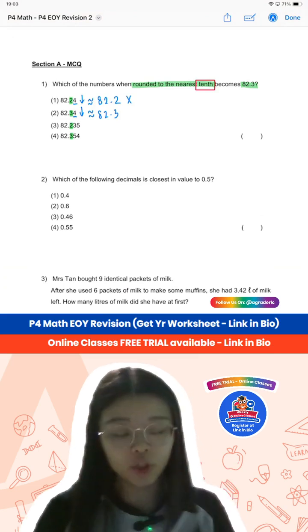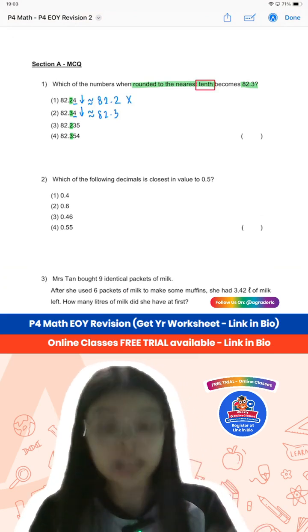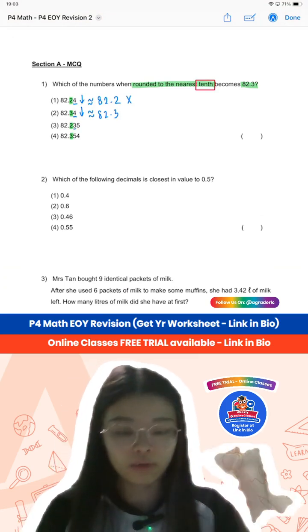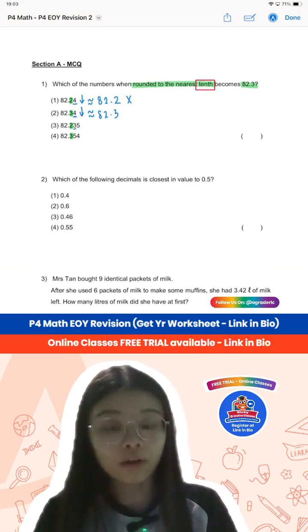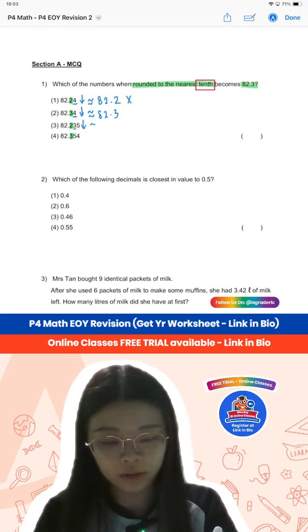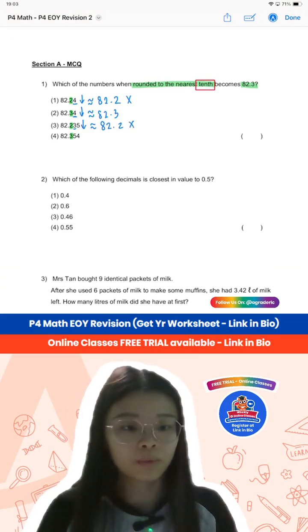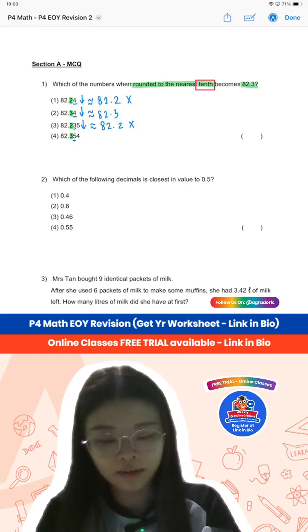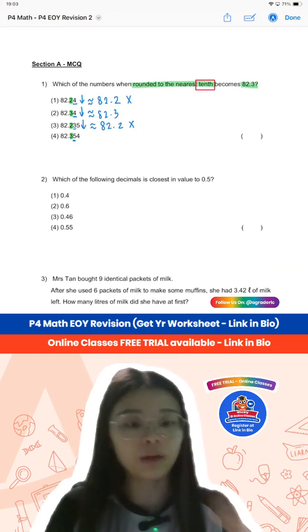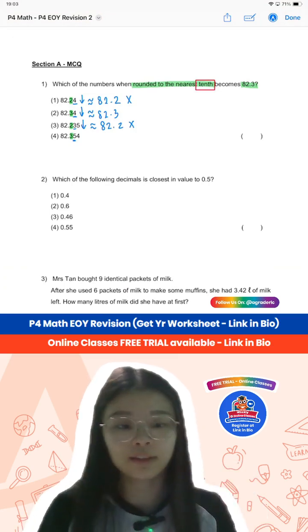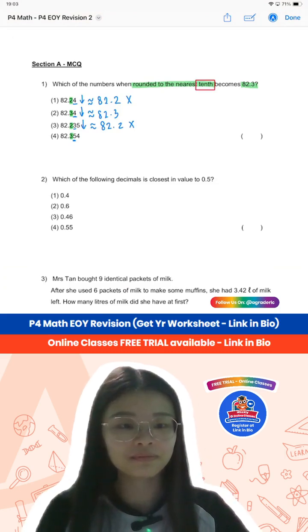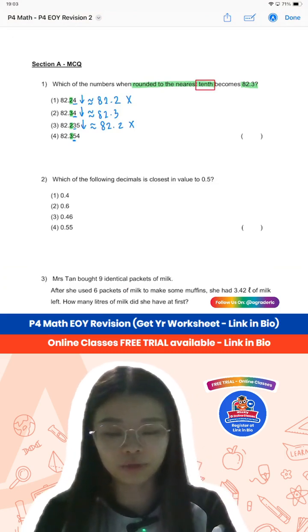But just to make sure, we'll check the others, in case your option is wrong. So we always check. This is 3. Since 4 we round down, 3 we also round down. This is 82.2, which is wrong. And then the last one, 82.35. 5, do we round up or do we round down? 5, we need to round up.